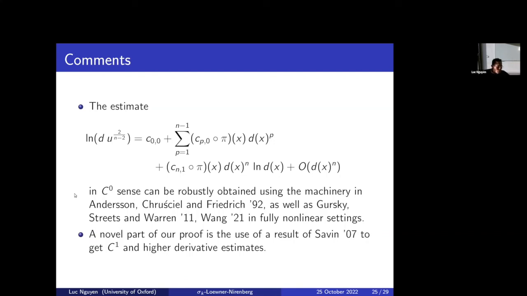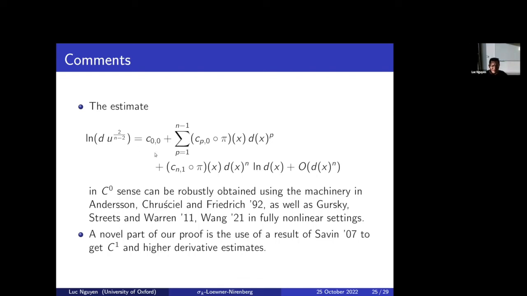Now, on the technical point of the proof, if we just look at the first n plus 1 terms, so if we develop the power series, we collect all the powers that we have at the beginning, plus a possibility of having a d to the n log d.